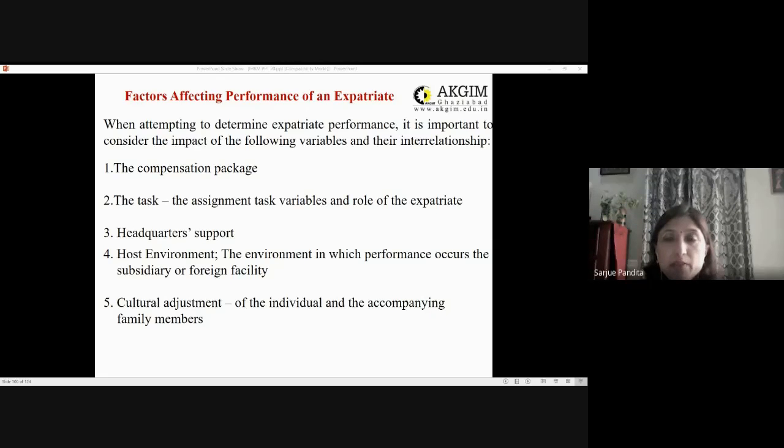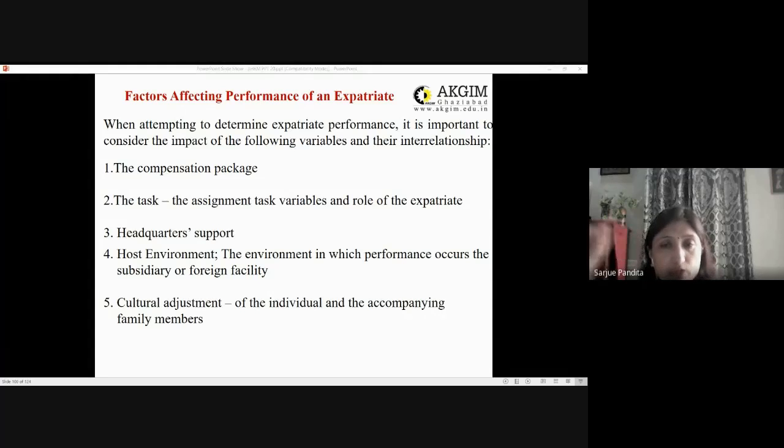An individual's primary motivation for accepting the assignment may be career or financially oriented. But this is often mixed with a genuine feeling of loyalty and commitment to the sending organization. That means how much support you are getting from headquarters.